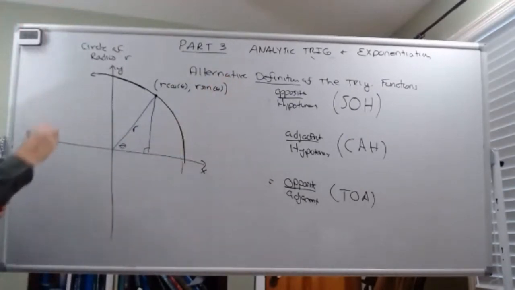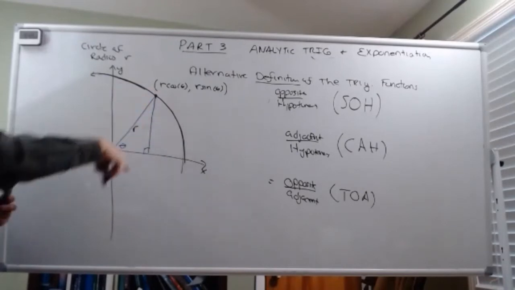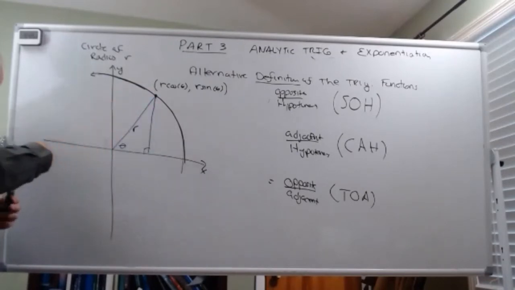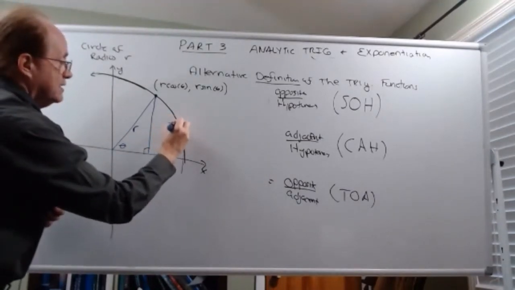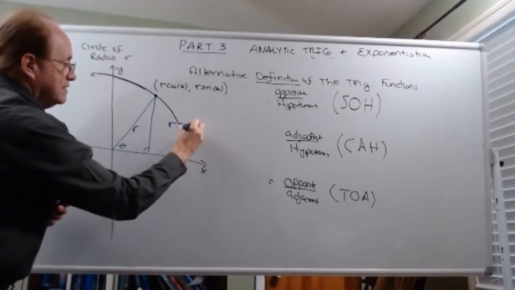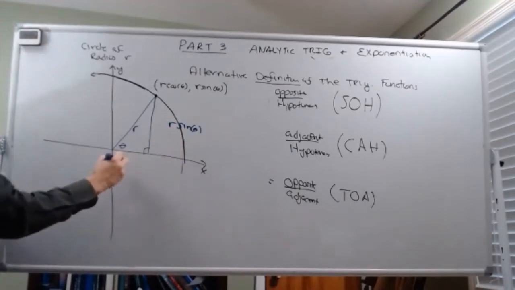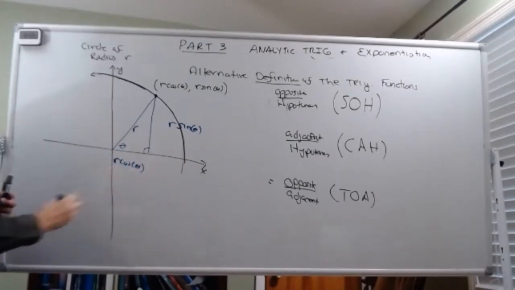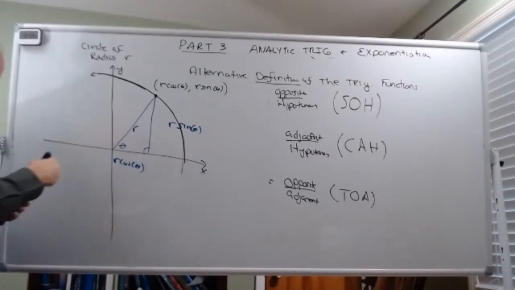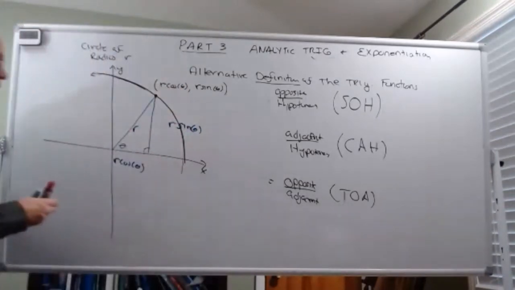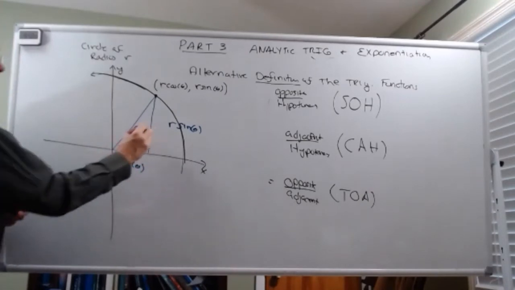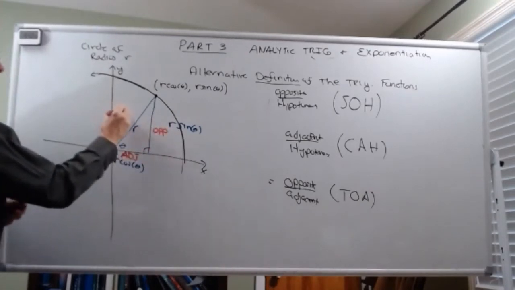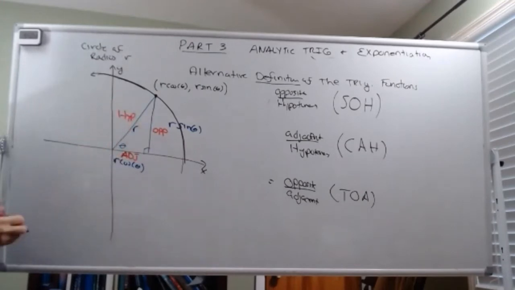That's my coordinates at that point, meaning the length of this side over here is r sine theta. And this distance here is r cosine theta. Now let's put in what we know. This is what we're calling our adjacent side. There's our opposite side, and there's our hypotenuse.